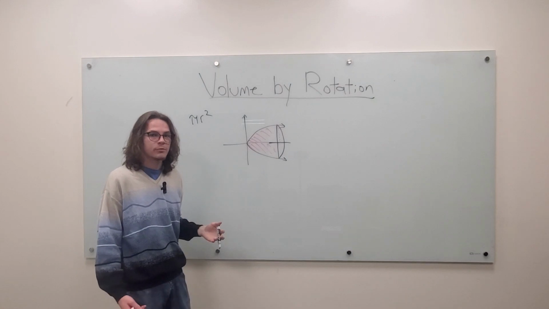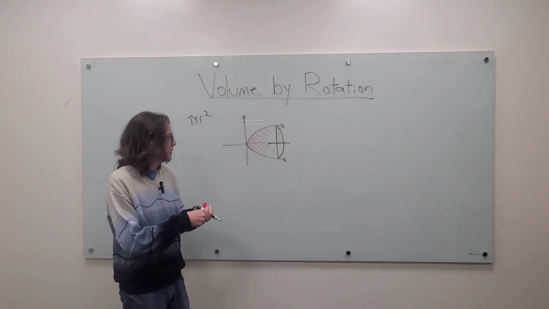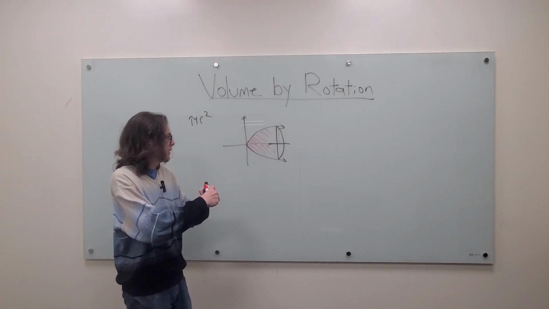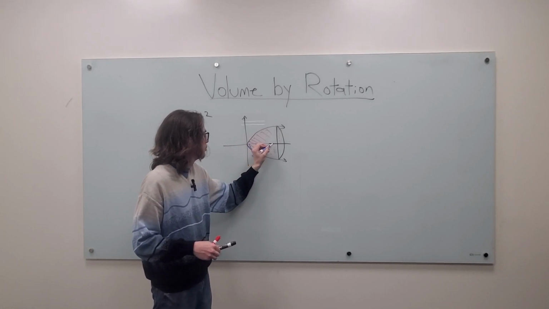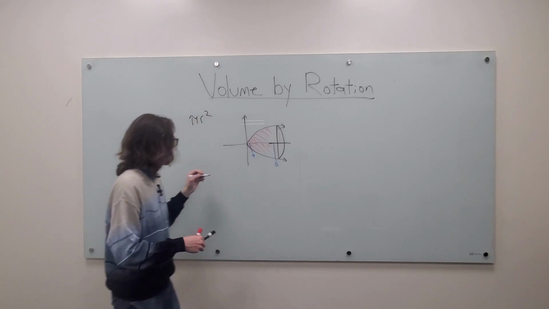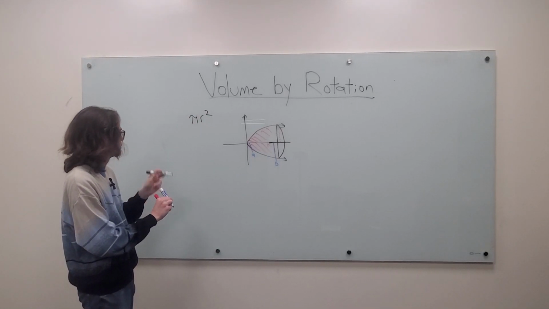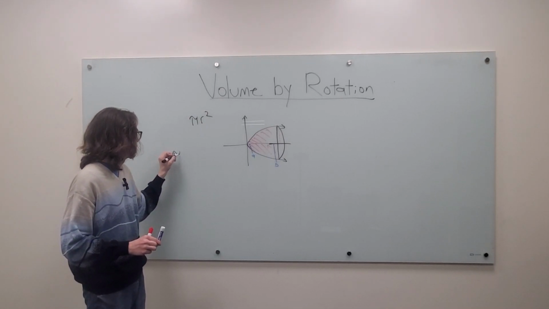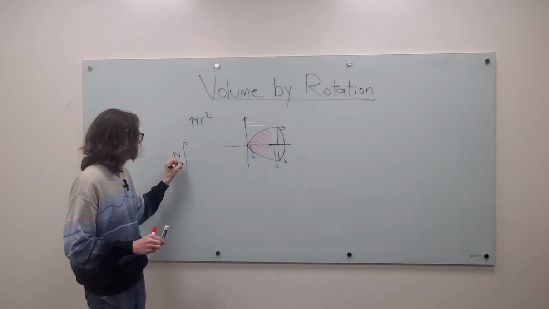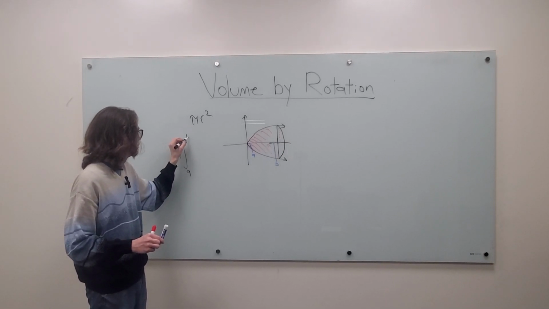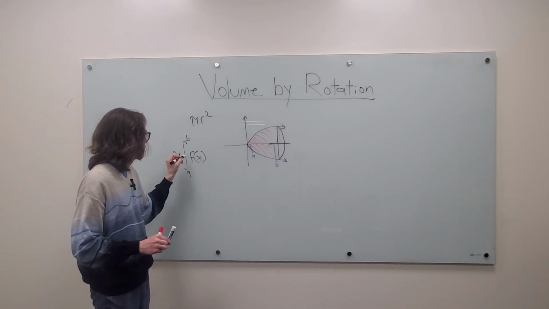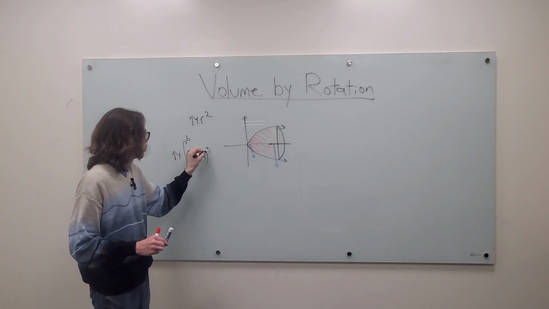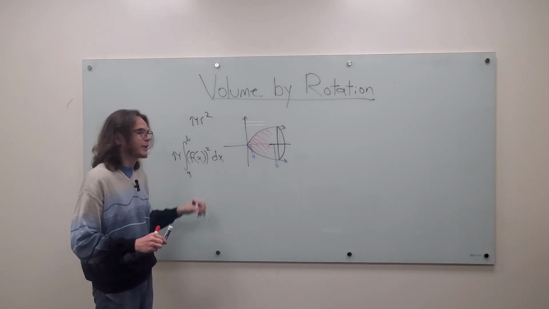And so our formula, if we're taking the volume from, we'll say, point A to point B, is going to be pi times the integral from A to B of our function f of x squared, with respect to x.